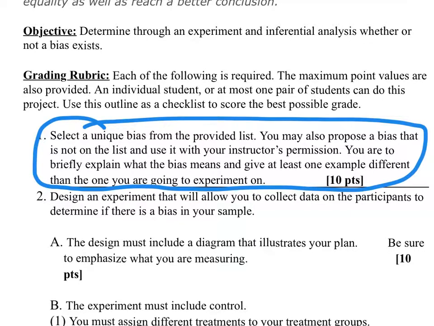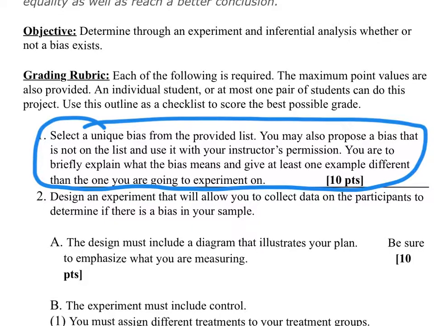My intention is to have you select one different from somebody else's, but there are some stipulations, or conditions, that might make it so you could use your own idea, or even possibly select the same bias that somebody else selected, as long as your approach is quite different. But that's for you to run by me.